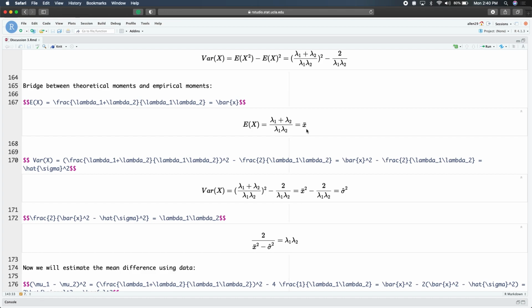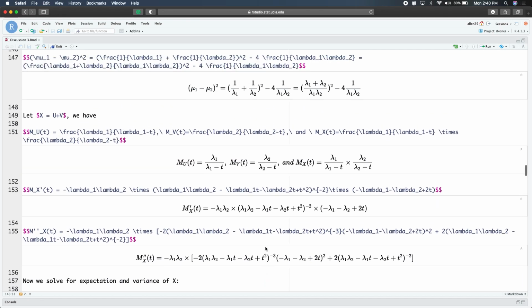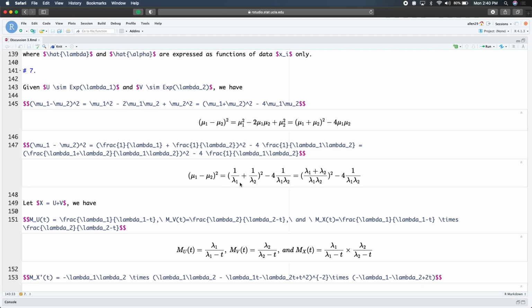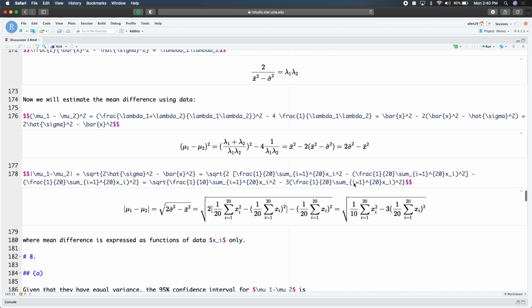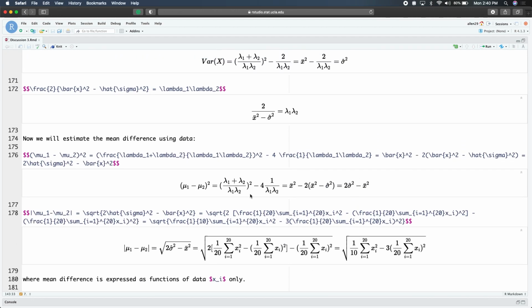Then we plug in this x bar and this part here back into the construction for (mu1 minus mu2) square. Basically just this and this part here. And this is what we calculated at the beginning, so we can just plug in the two quantities. And then (mu1 minus mu2) square is just 2 sigma square hat minus x bar square, and then taking the square root, expressed more explicitly in terms of all the data.